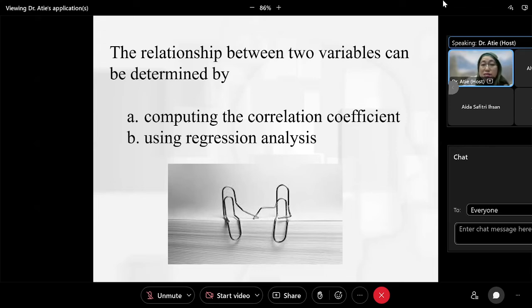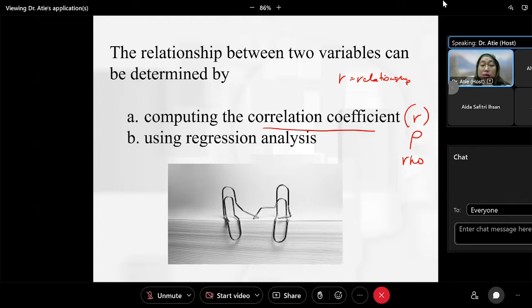Okay, so the relationship between two variables can be determined in two ways, right? The first one, we need to calculate the correlation coefficient. This one we represent by the letter R. R stands for relationship. Or sometimes people use rho, which in Greek letter means R. Same thing.